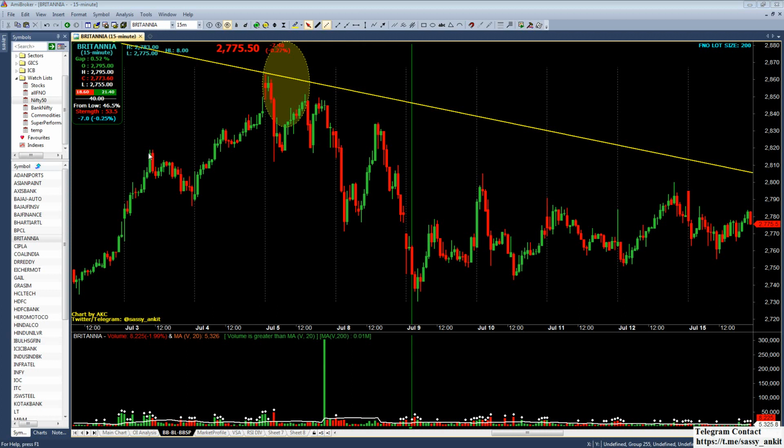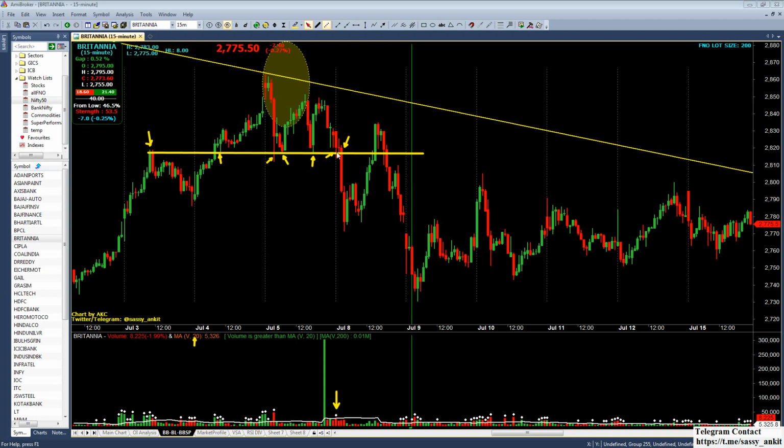The first thing you can do is plot a support resistance line. Here the price was taking support, then took support here, here, here, here. While breaking, it took support and finally it broke down with heavy volume. This dot represents the volume is above its 20 candles average.